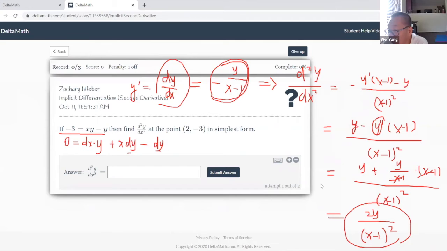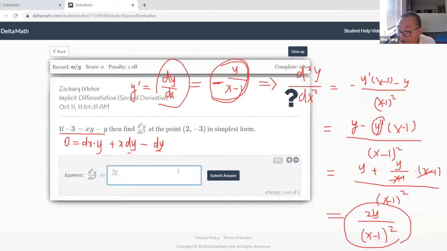Because this is minus, this also has a negative, so I change it to plus. Because y derivative equals negative y over x minus 1, we also have a negative here. So negative times negative changes to positive: y over x minus 1 times x minus 1. Then you can try to enter that and see if we did it correctly.